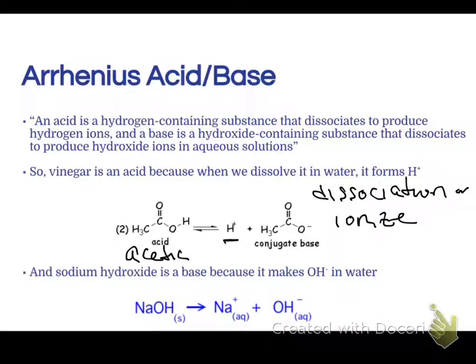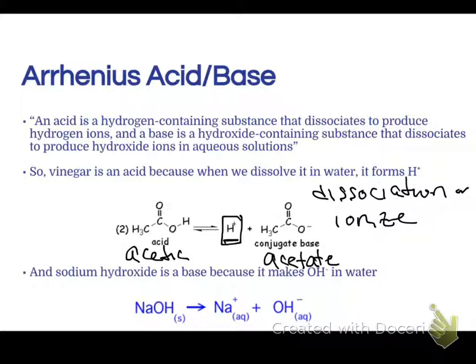So if I kicked off an H+, now this is the Arrhenius definition, so we have to make H+ in order to be considered an acid, then it will produce another ion. All the rest of the acetic acid is still there. So this one, this conjugate here, is called acetate. And this is listed on the back of your periodic table as one of the polyatomic groups.